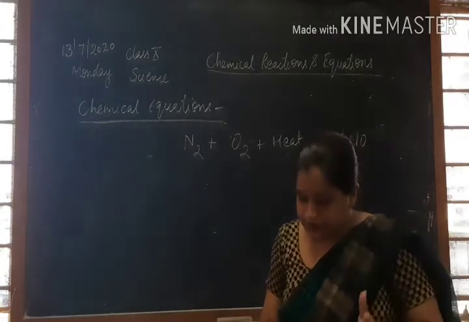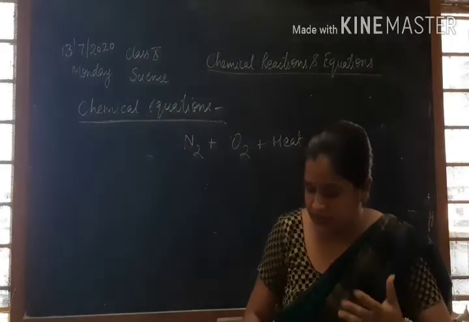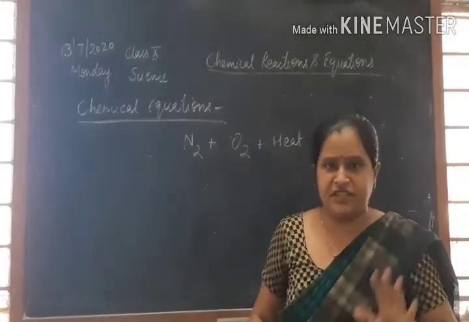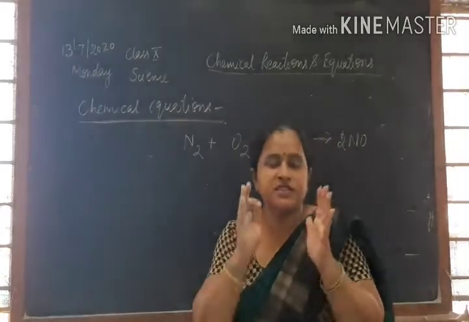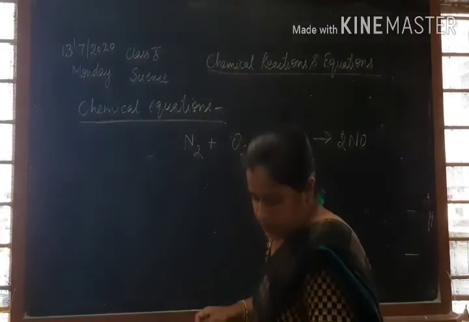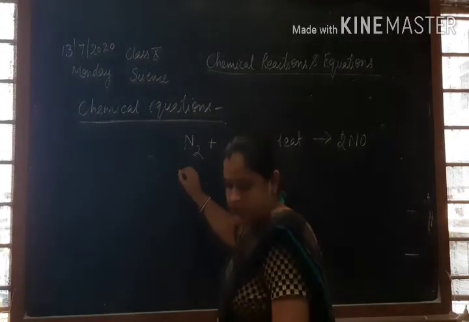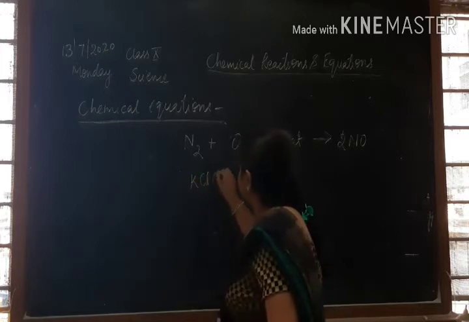And look, the third and last one is to indicate the conditions under which the reaction takes place. Sometimes whenever a reaction takes place, it requires some important conditions. For example, if we want to convert potassium chlorate, we will write KClO3.